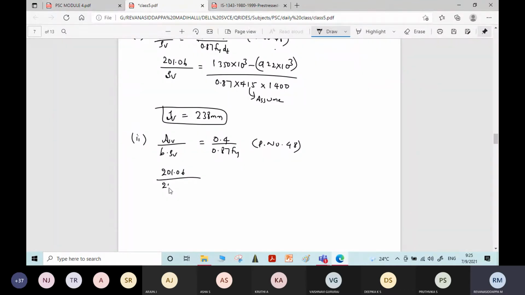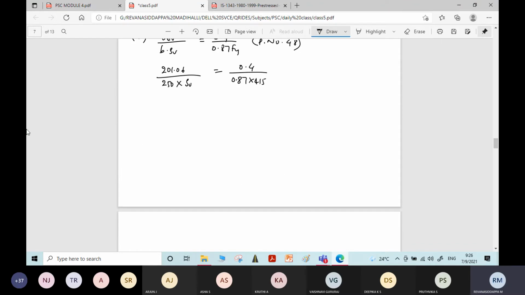Width of the beam is given as 250 into SV, that we need to find, is equal to 0.4 divided by 0.87 into 415. What is the spacing you get? 725.92, sir. Yes, 725.93 mm.